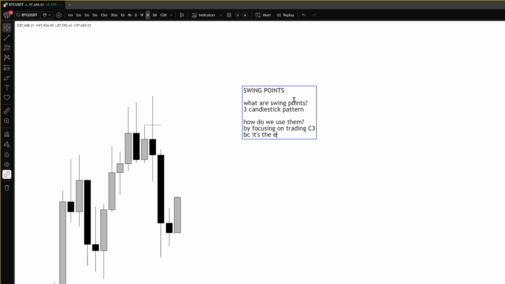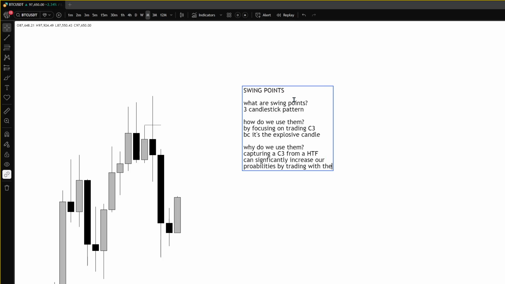We'll say the explosive candle. Why do we use them? Capturing a candle 3 from a higher time frame can significantly increase our probabilities by trading with the high time frame trend.